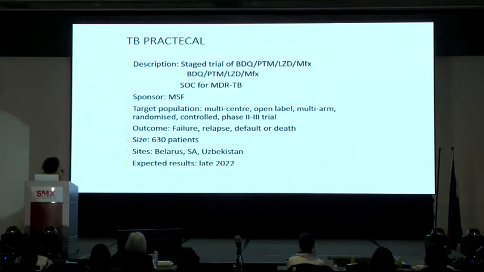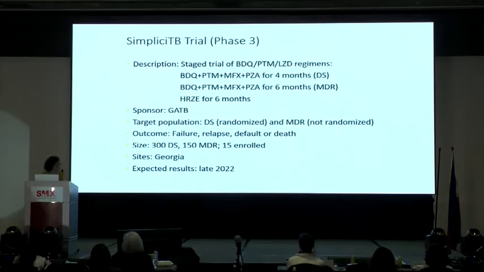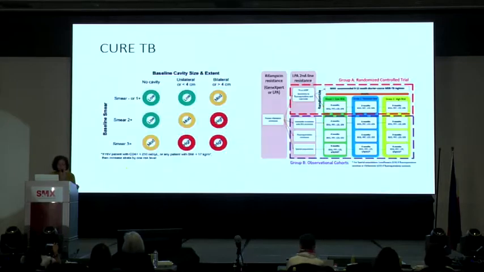And the TB-PRACTECAL is another trial. SimpliciTB is a trial that is also ongoing, and one of the sites is in the Philippines, which is a bedaquiline pretomanid based regimen. So the CURE 3B is still a trial to be proposed, which looks at not treating TB as one-size-fits-all.